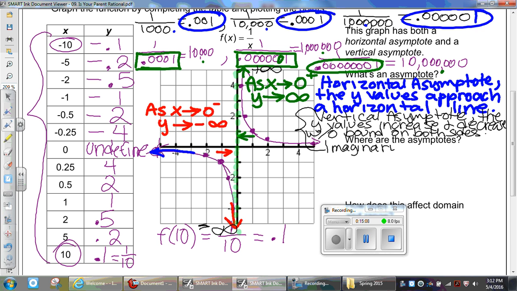And I say imaginary because if you graph a rational function on the calculator, it's not going to show you where the asymptote is. So it is an imaginary line that the graph won't touch. Horizontal asymptotes, they could be touched. Verticals, not.